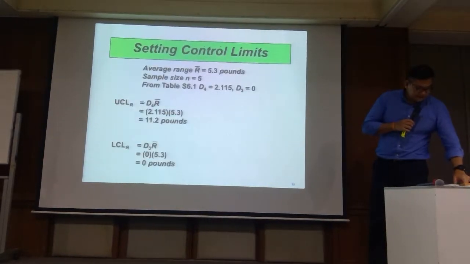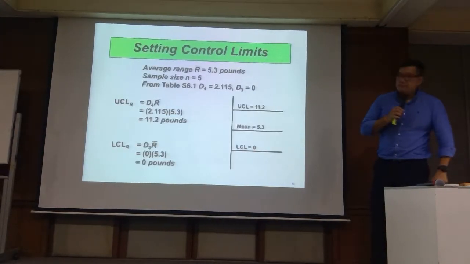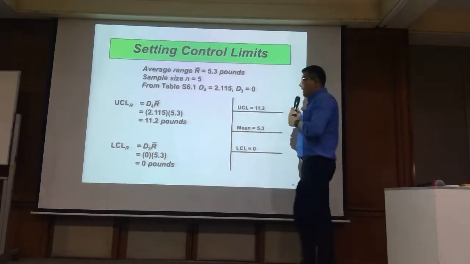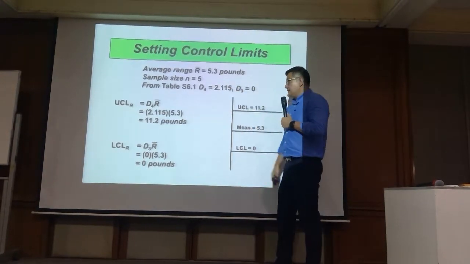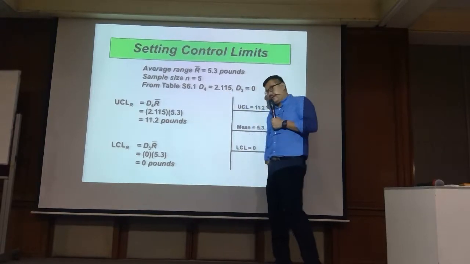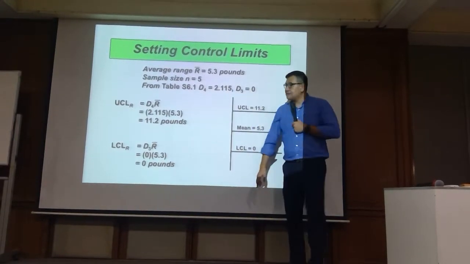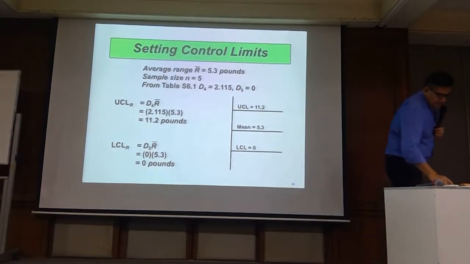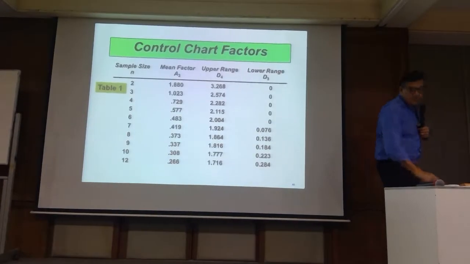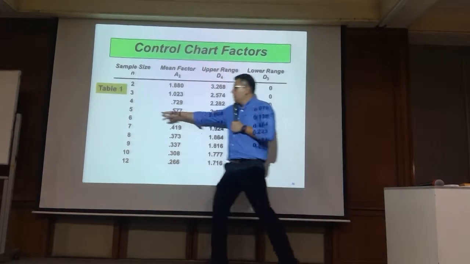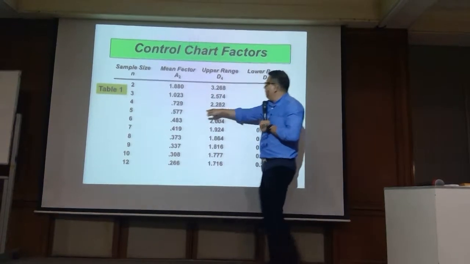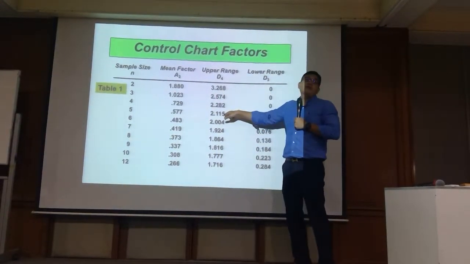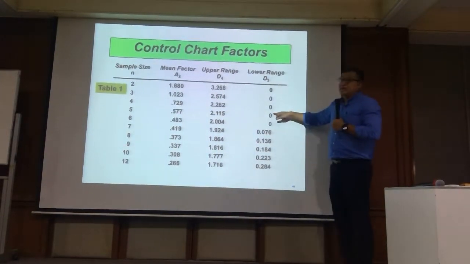Let's say here, suppose that I calculate R bar equal to 5.3. We make the sampling n equal to 5. Based on the table, if n equal to 5, D4 will be equal to 2.115. D3 is going to be 0.